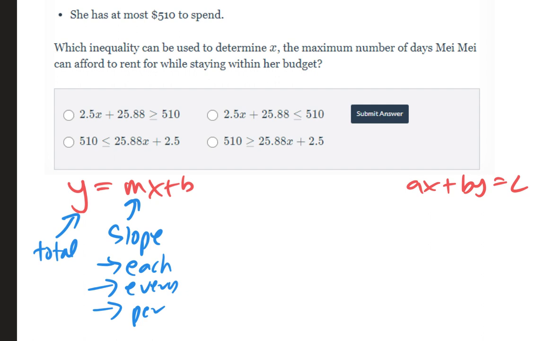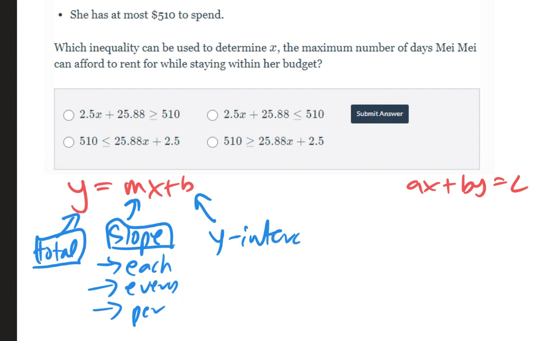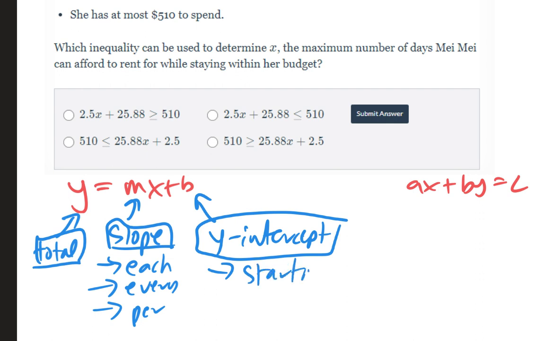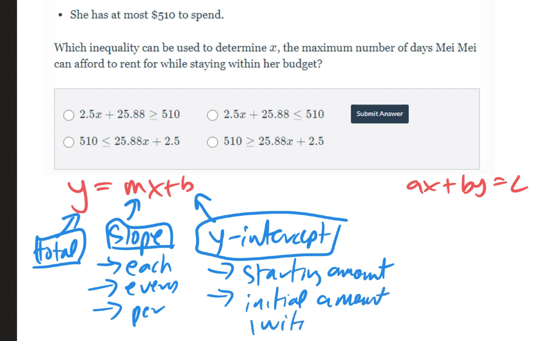Then we have the b value, which is our y-intercept. The keywords for that one you might see are starting amount, initial amount, or initial value.